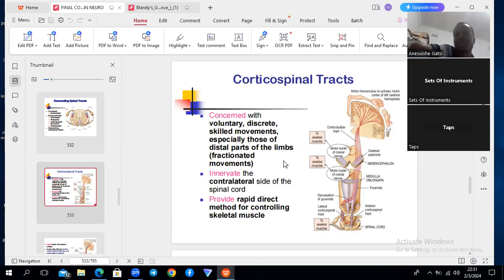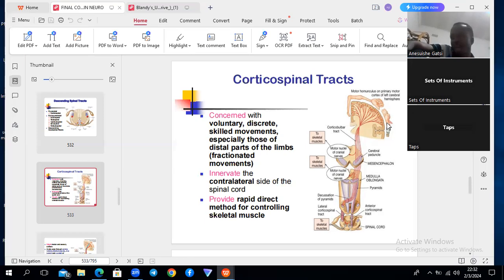It's concerned with the voluntary movement of your skeletal muscle. And I say that they are going to innervate the contralateral side. So a corticospinal tract from the right brain will innervate the left body skeletal muscles. Right.